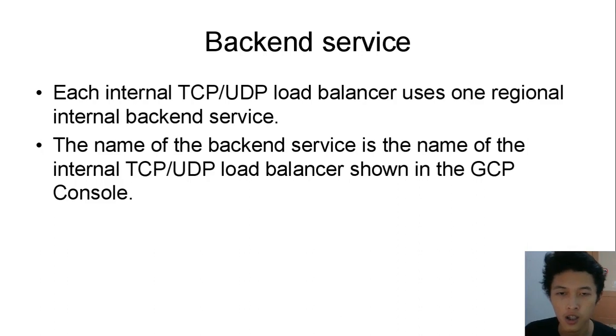I'm going to explain health checks later. The backend service will distribute your traffic to the backend VMs and also manage something called session affinity, which I'm not going to talk about in this video.